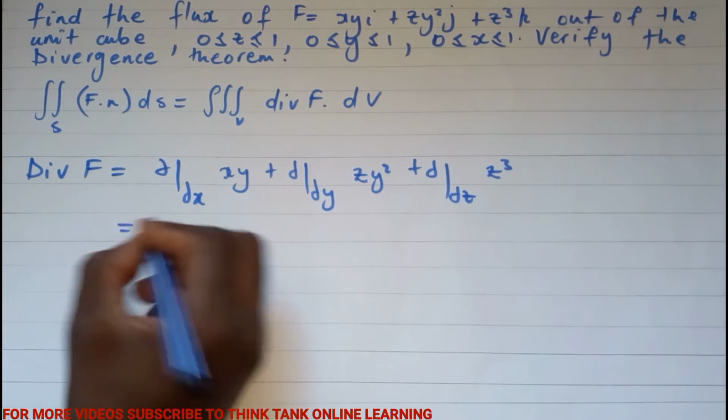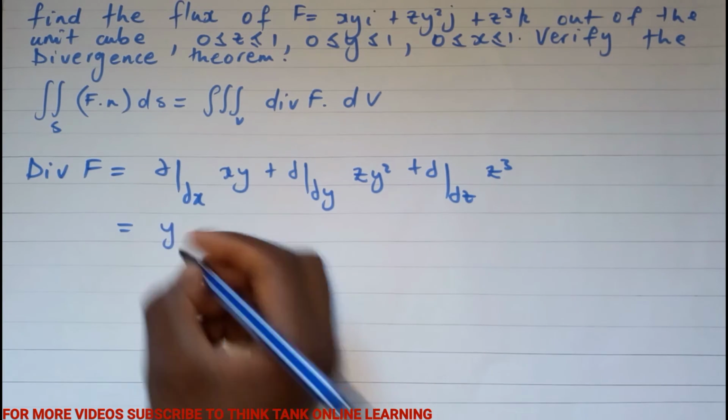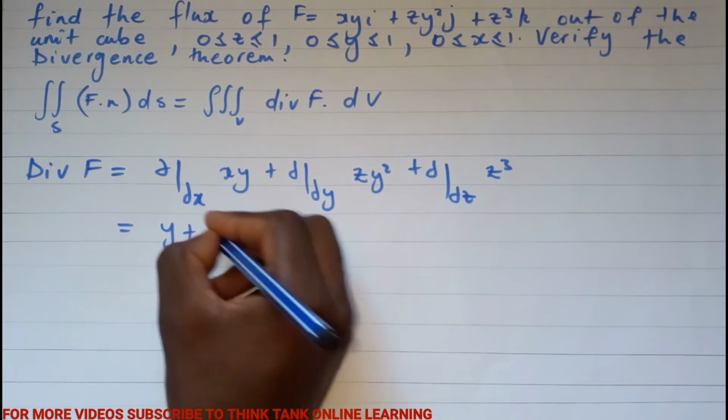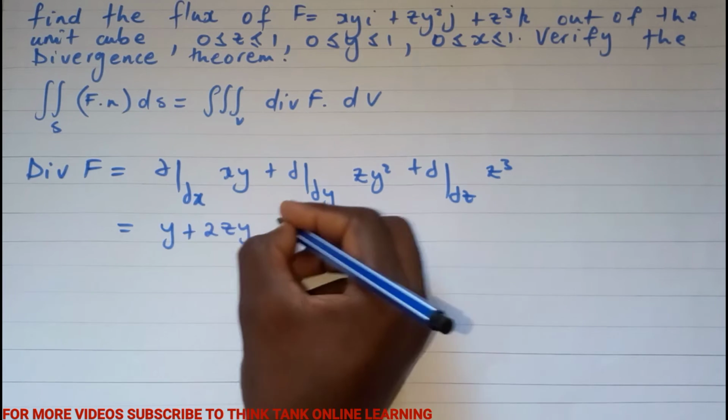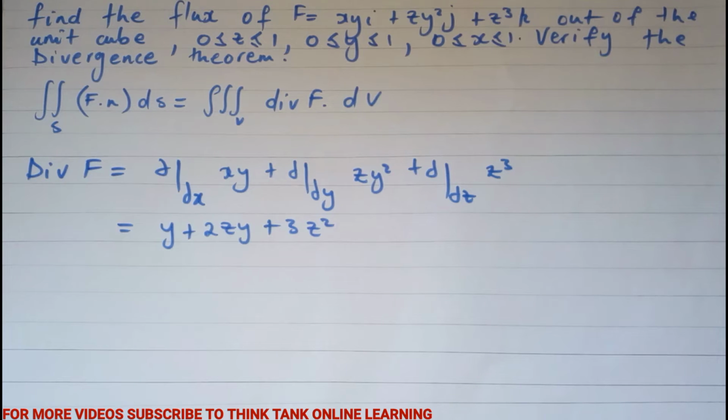After that we differentiate partially. Here we're going to have y plus 2zy plus 3z squared. In this example, as you can see, our limits are very easy to identify.